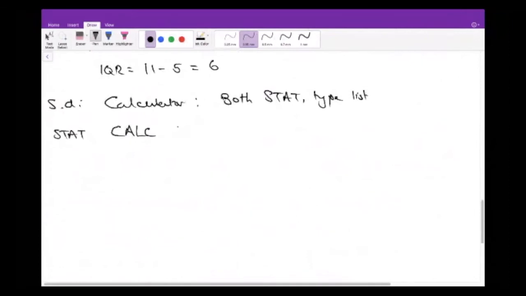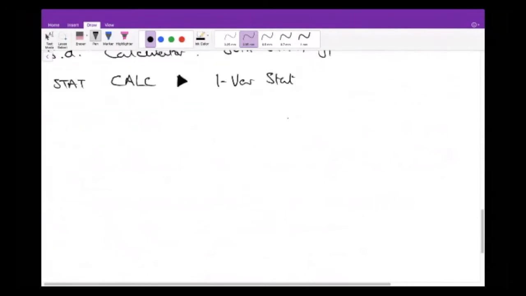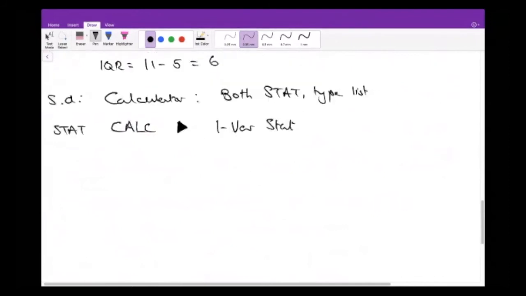If any of you are TI and aren't happy with how to do this, just drop me an email. I'm writing it in full in TI because that seems to be the one that most people use. Remember, there's also the video on how to use a calculator from a few weeks back, which goes through all of this as well. So our 1 var stats, if we click enter, the list is L1.